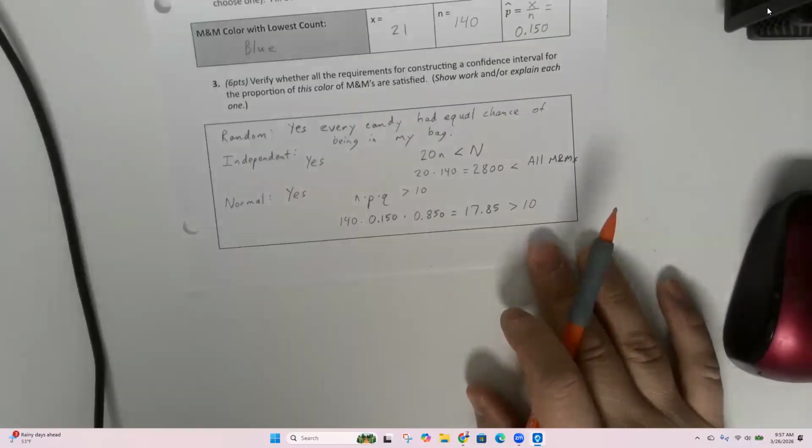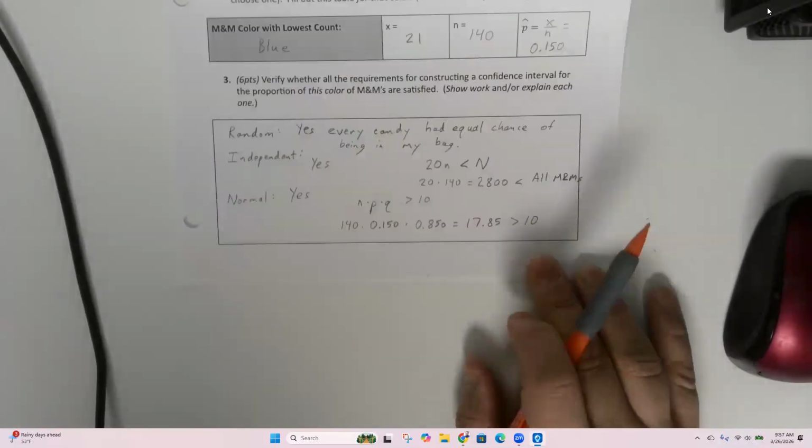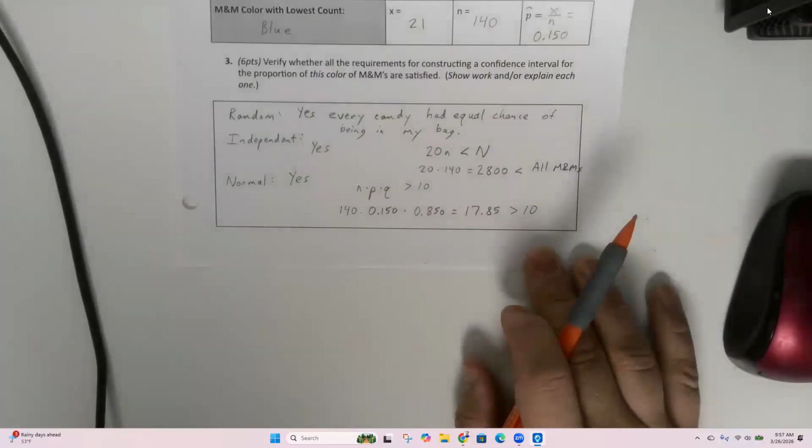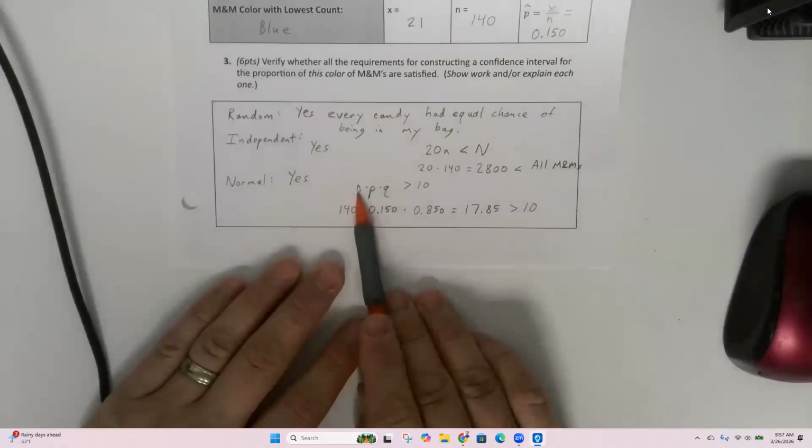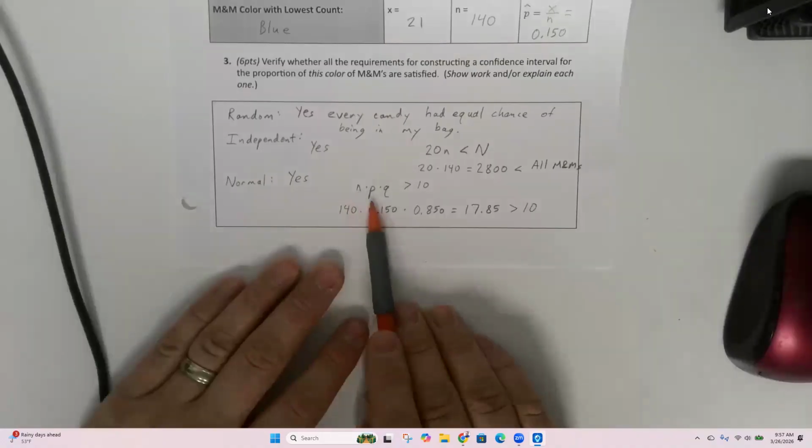Caleb only had 0.04, so you only had like four blues in your bag or something. And then Jalen's was 0.10. So not only can a sample size that is too small be a problem, but if your p-value is too small, that can be a problem as well.